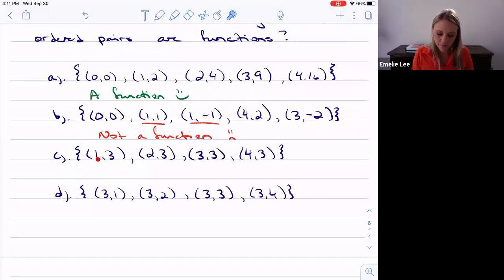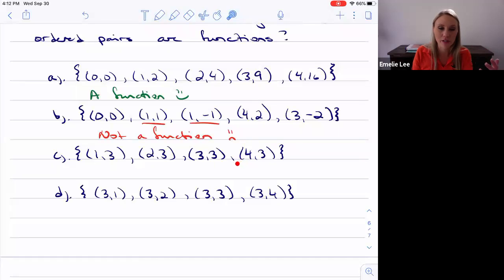In the next one, 1 goes to 3, 2 goes to 3, 3 goes to 3, and 4 goes to 3. Here, right, at first we kind of get jolted because, or at least when you look at this, I would say, okay, well, they're all going to 3, so I have to stop and think, well, as long as the inputs are all unique, then I'm allowed to do that.